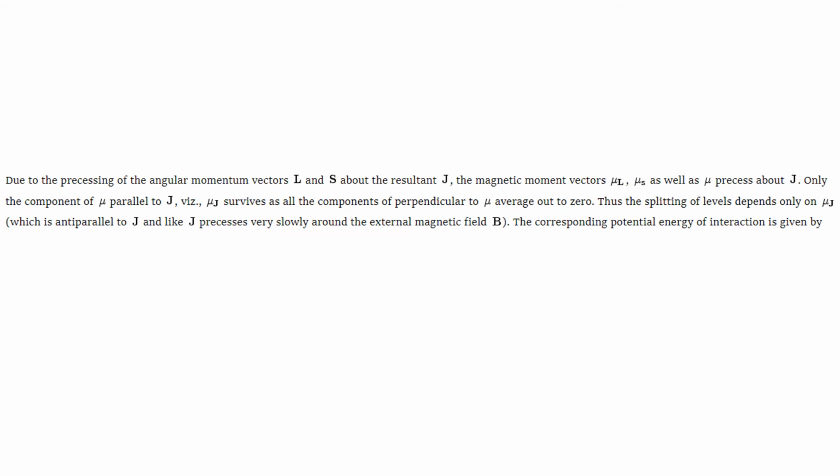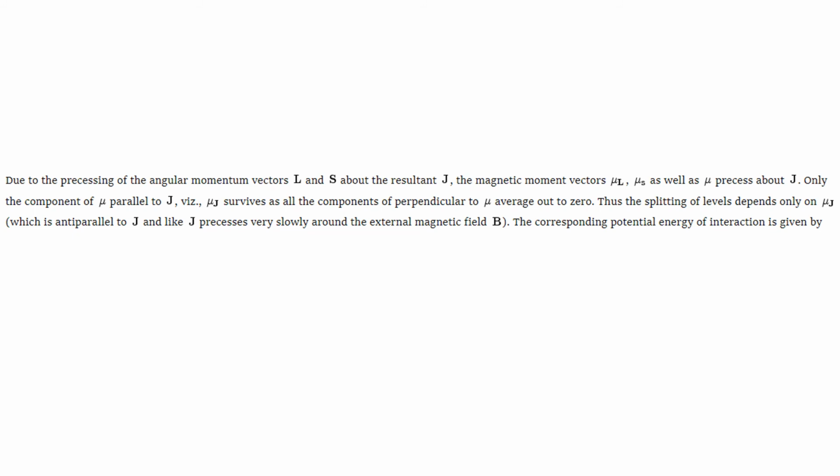Due to precession of the angular momentum vectors L and S about J, the magnetic moment vectors mu L and mu S, as well as mu, precess about J. Only the component of mu parallel to J, mu J, survives, as all the components perpendicular to it average to 0.